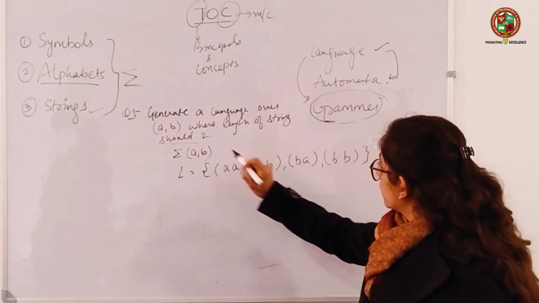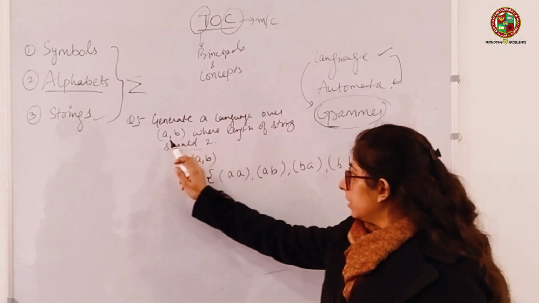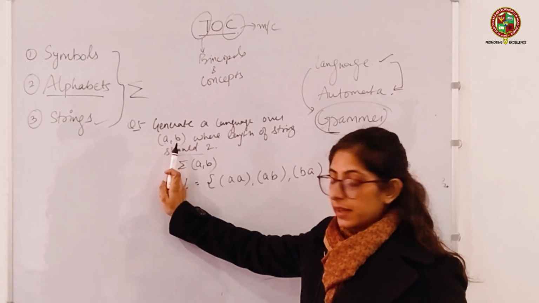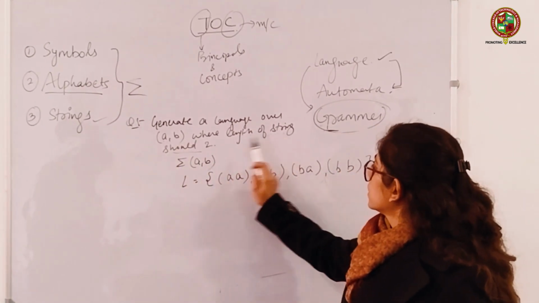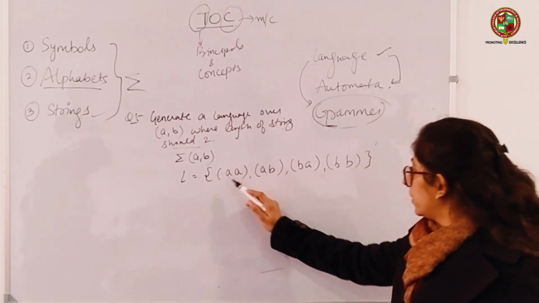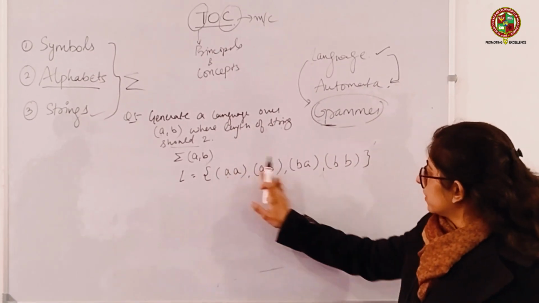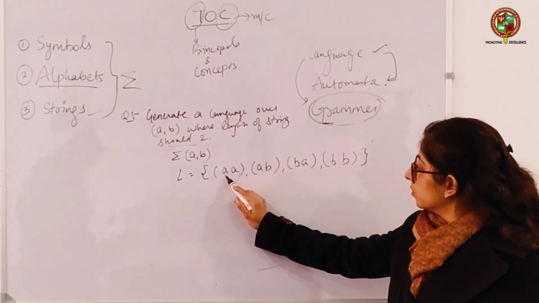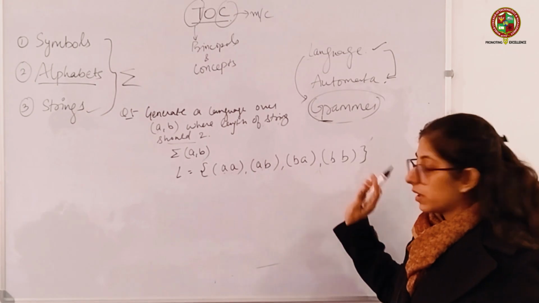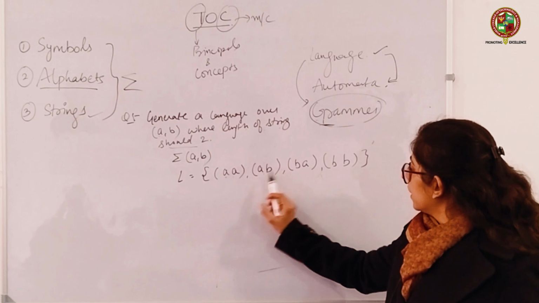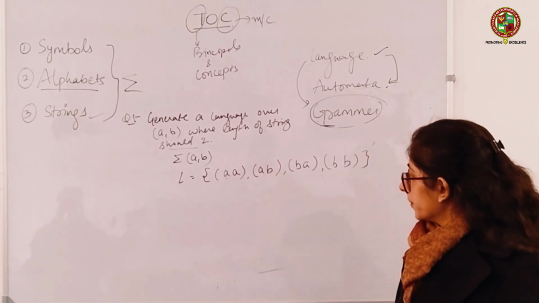A language over A comma B means we can use only A and B, nothing other than A and B, where the length of the string should be 2, not above 2. In every string you can see I have written only 2 symbols: length 1 2, 1 2, 1 2, and 1 2. So we are using AA, AB, BA and BB.